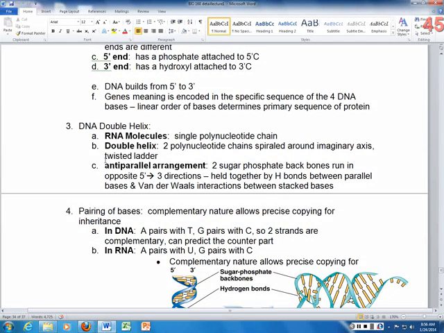So instead of them being lined up like this, they're lined up like this. 5' to 3' one way, 5' to 3' the other way. Always. It just is. It's the way they fit. I didn't design the body. There would have been a few things I would have done differently if it were up to me.